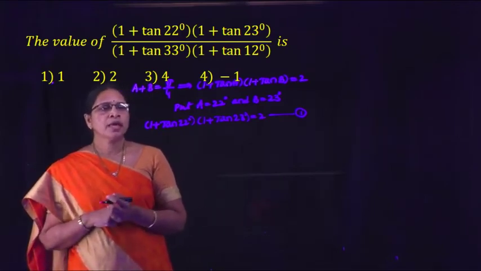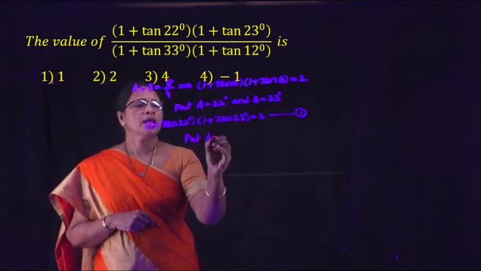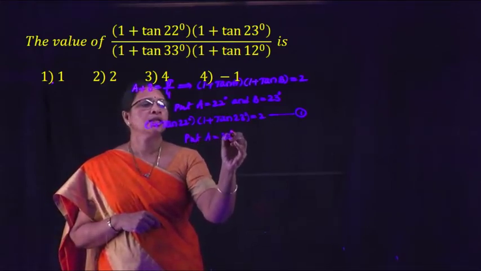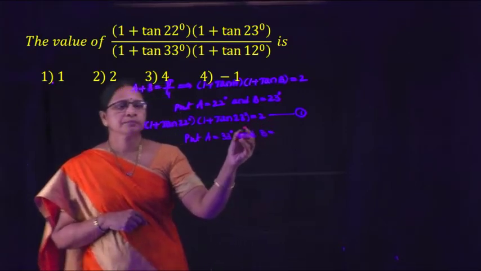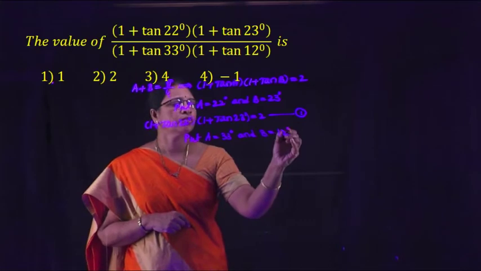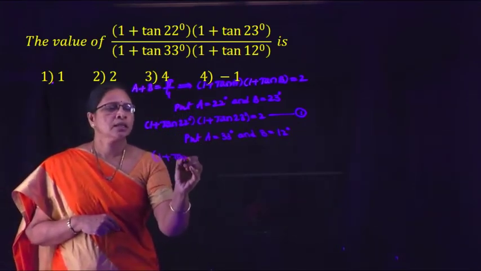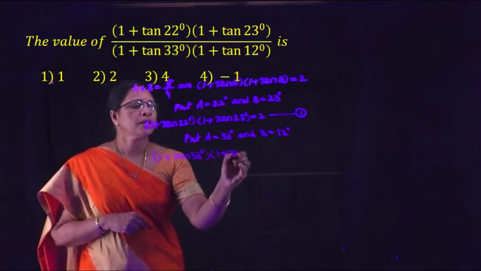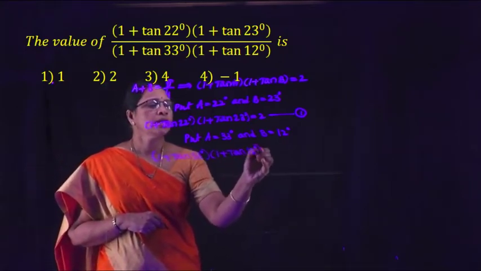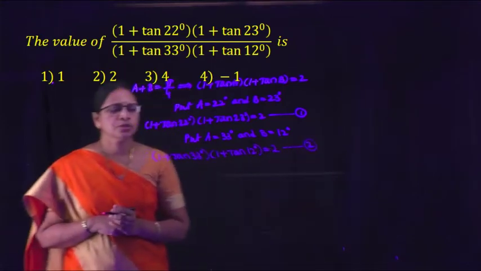Put a is equal to 33 degree and b is equal to 12 degree. Then we have (1 plus tan 33 degree)(1 plus tan 12 degree) is equal to 2. Treat it as equation 2.